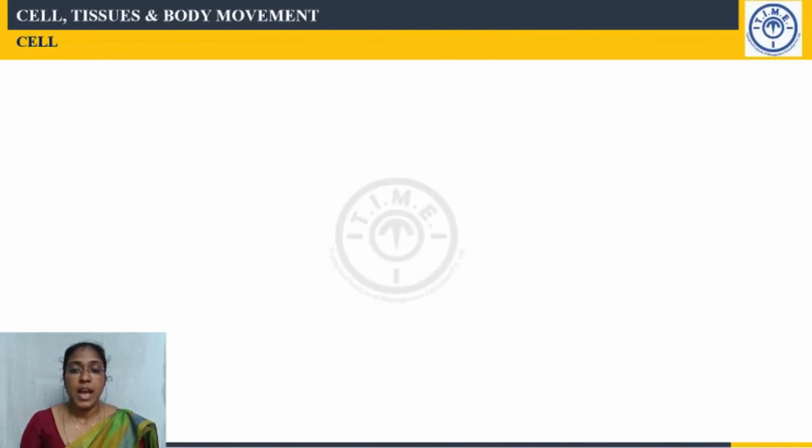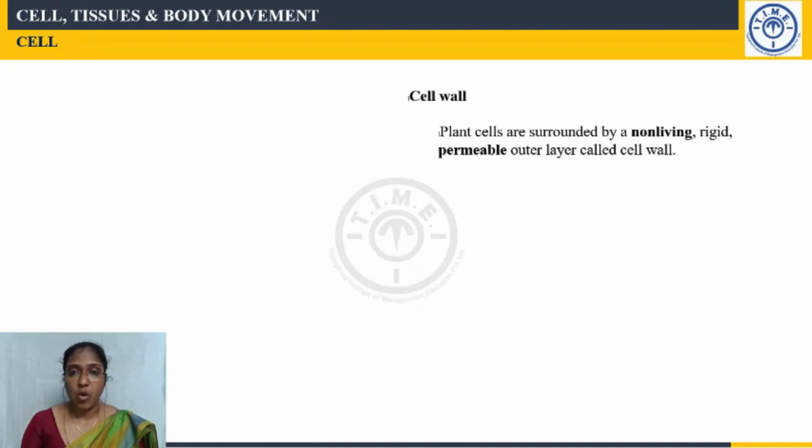Moving on to the cell wall, plant cells are surrounded by a non-living, rigid, permeable outer layer called a cell wall. So plant cells have a cell wall, when compared to animal cells, which do not. It is non-living, rigid, and also permeable.